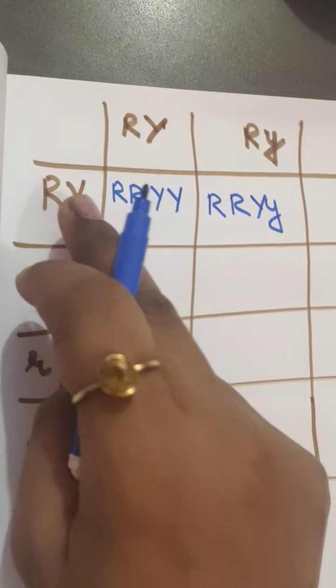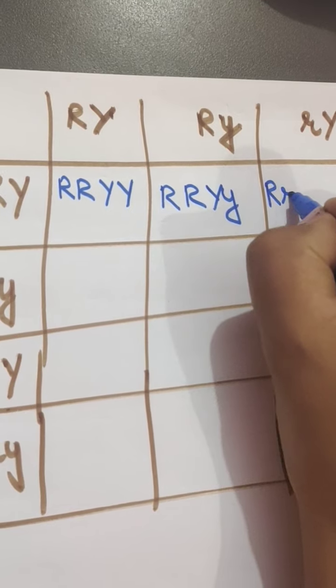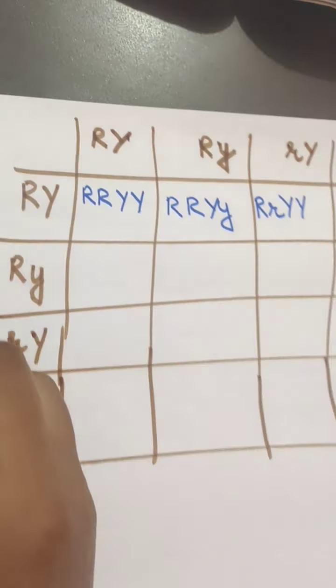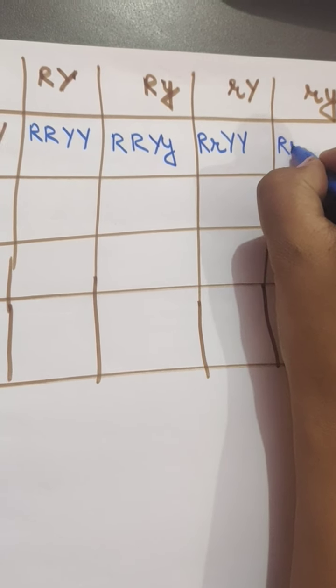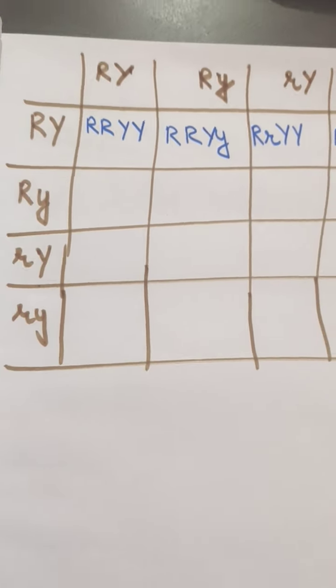Now again this with this, capital R, small r, capital Y and capital Y. Now again capital R, small r, and capital R and small y. So I think it's clear.